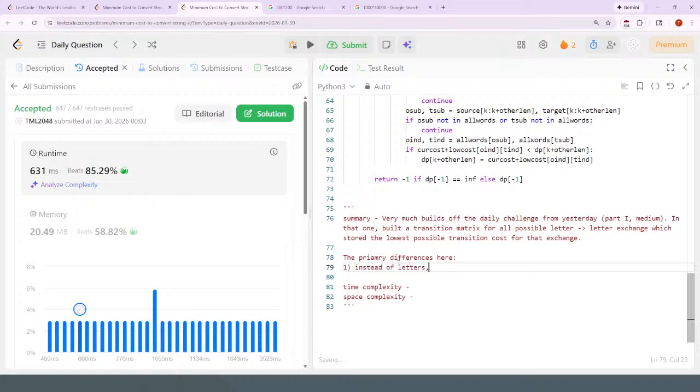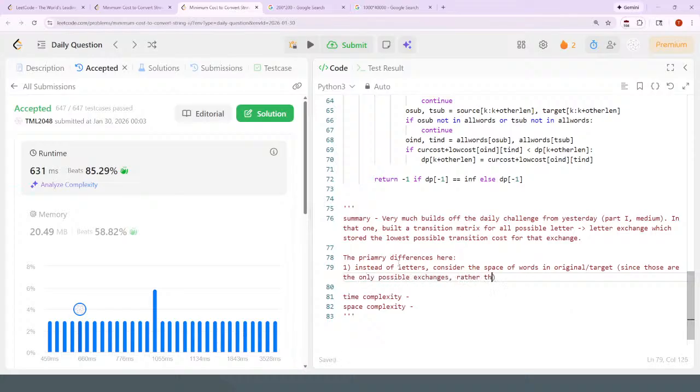Instead of letters, consider the space of words in original and target, since those are the only possible exchanges rather than letter to letter. If all the original target strings are 3 letters, then just considering all those 3-letter exchanges. Or, all of them are 2 and 5 letters, then you're considering all the 2 to 2 and 5 to 5.